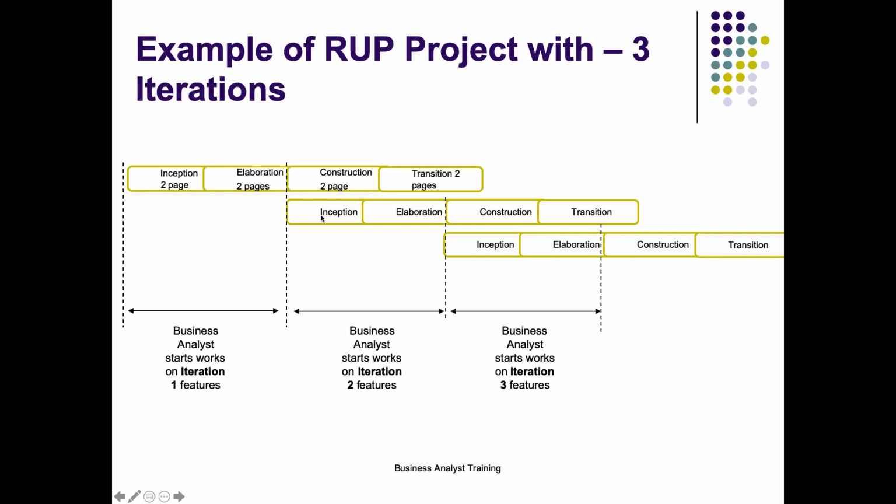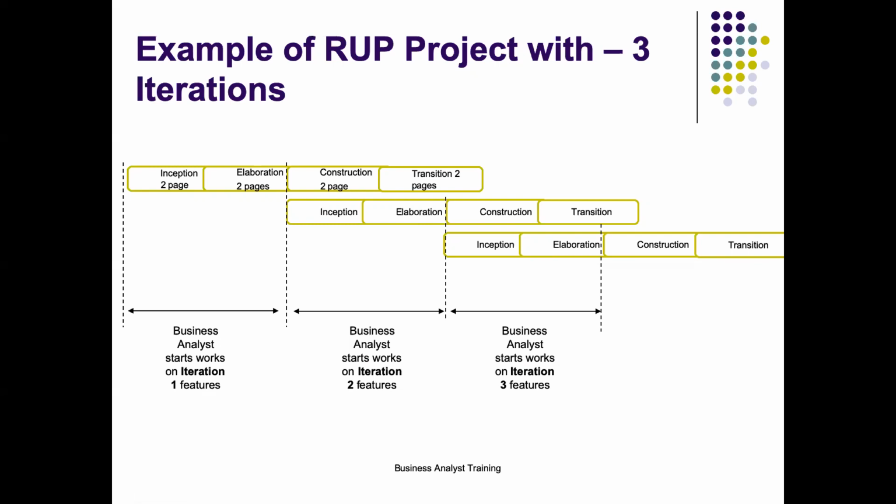And then you have a way to accept changes, because once your first iteration is over, if you find there are some changes, you can accommodate those changes in an upcoming iteration, because you have just done one small portion of the entire project.